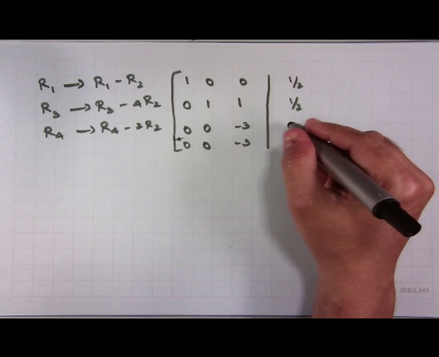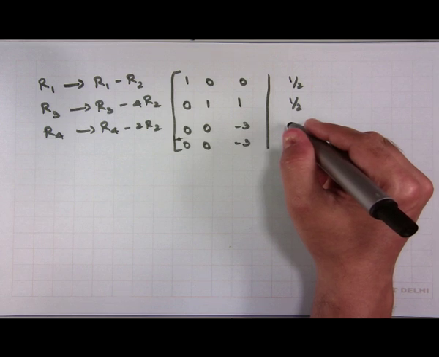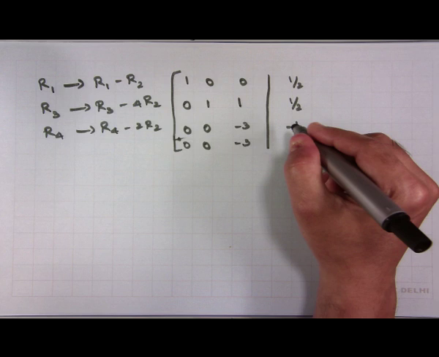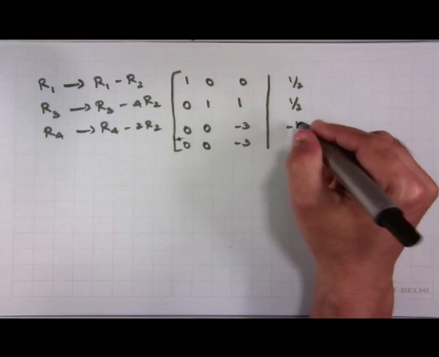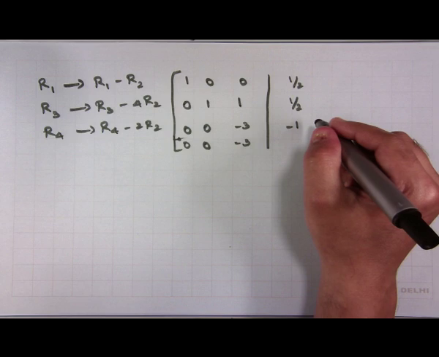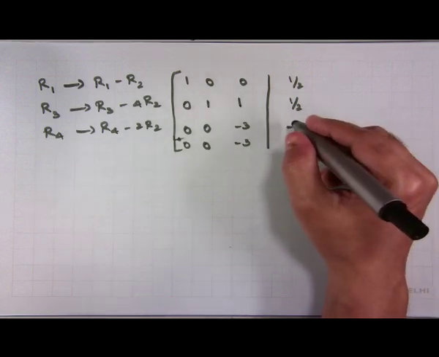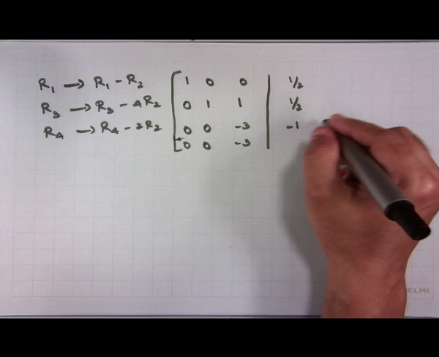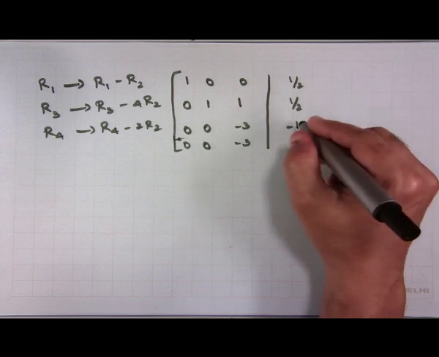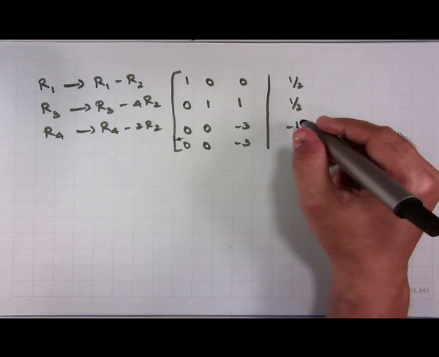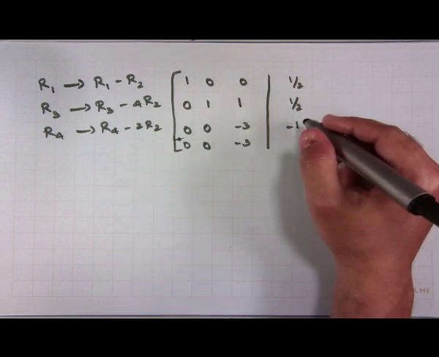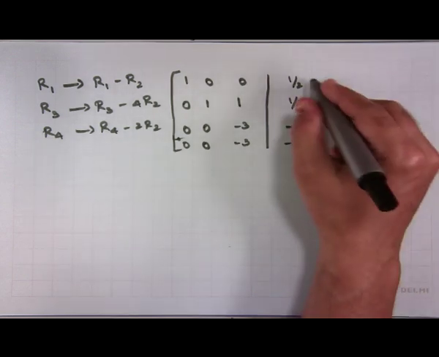Third row, R3, which is 1 minus 4 times half, which is 1 minus 2, which will give me minus 1, and 0 minus 2 times half, which will give me minus 1.